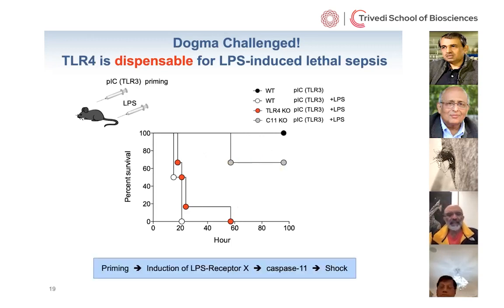So we said that in this priming situation, we are unveiling, exposing another sensing system. It can't be TLR4 because those mice die. So another LPS sensing system, and that one, one step or 1,000 steps later, talks to caspase 11, and that gives you the syndrome of lethal shock.